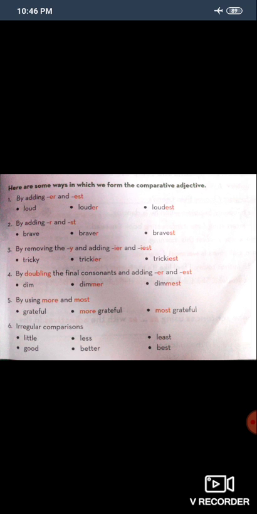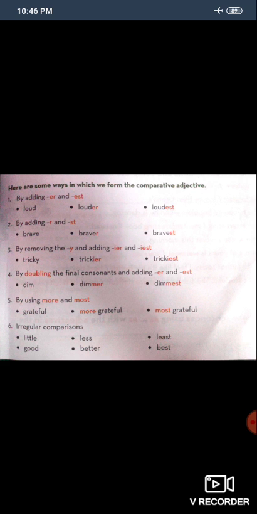We cannot add er to grateful, as gratefuler and gratefulest are not even words. So with these kinds of words, we simply add more and most: more is used in the comparative degree and most in the superlative degree. Some other irregular comparisons are good, better, best, and little, less, least.